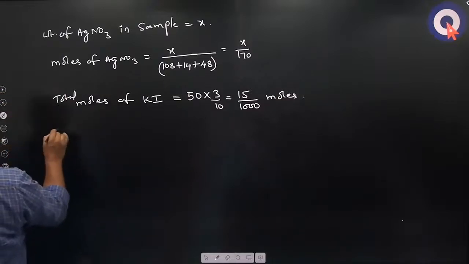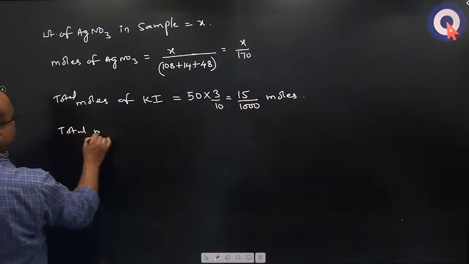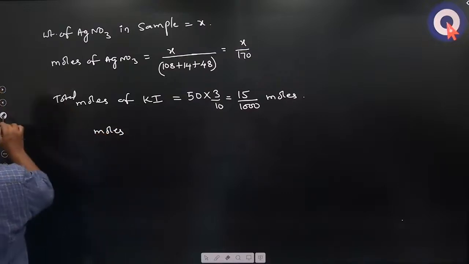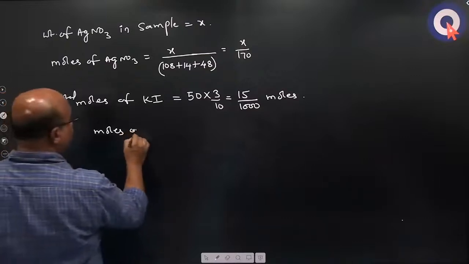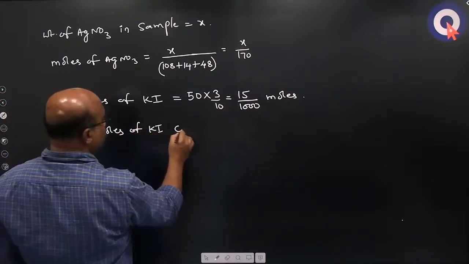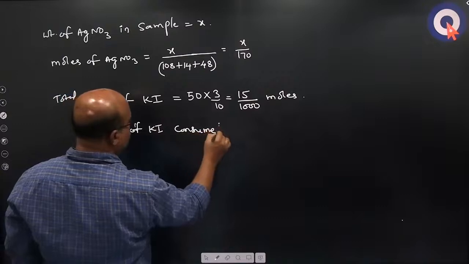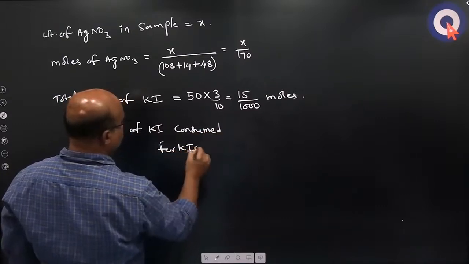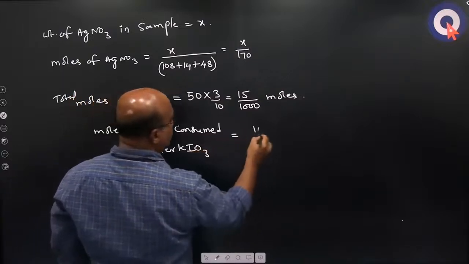Total moles. Moles of KI consumed for KIO3 is 10 by 1000.